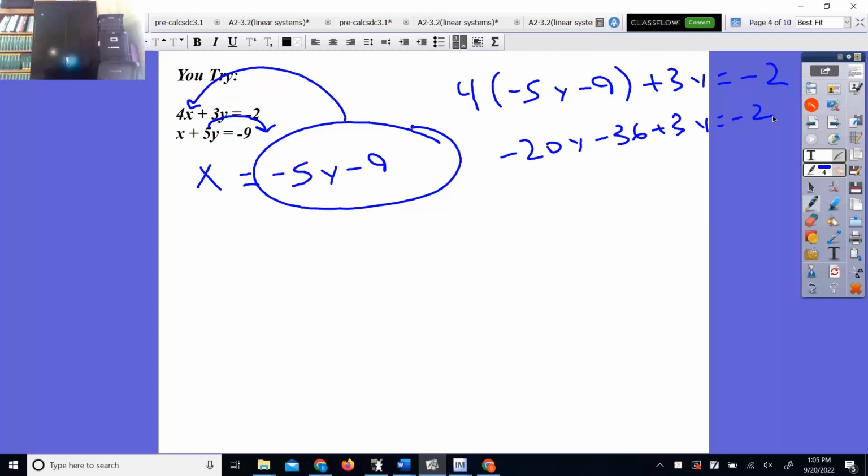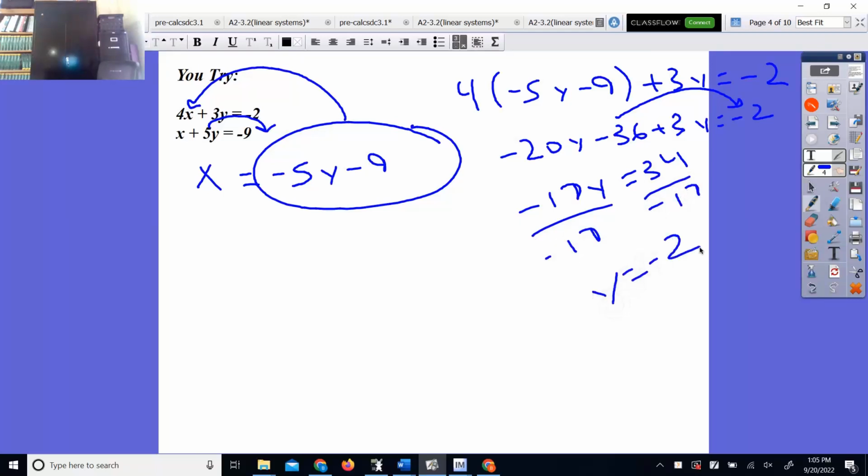Negative 17. A lot of kids today have gotten -23, not being careful. It's -17y. Instead of subtracting 36, what are you gonna do? Add it, you get 34. You're gonna divide out that -17. Y is -2.